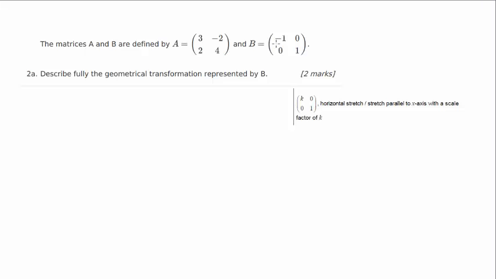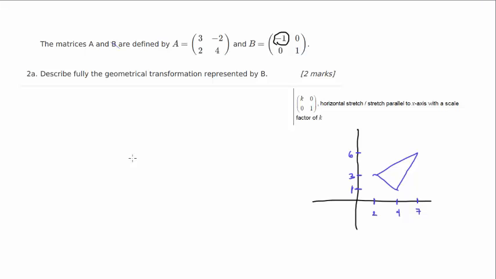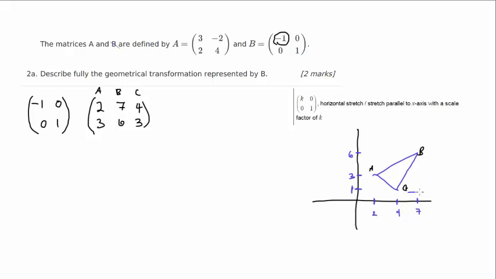if we think about a stretch of -1, what does that really mean? And so I've sketched a triangle here. And if I think about the coordinates of this and applying this matrix, well, a horizontal stretch means that these points should be moving horizontally one direction or another.